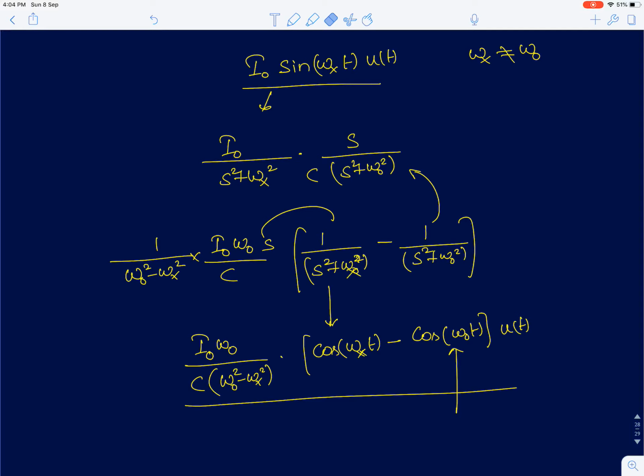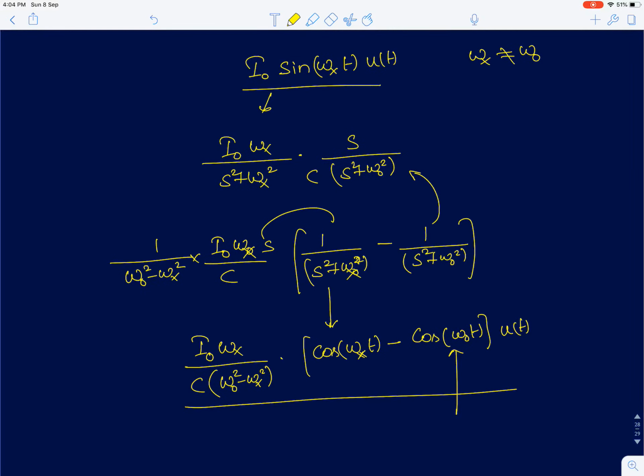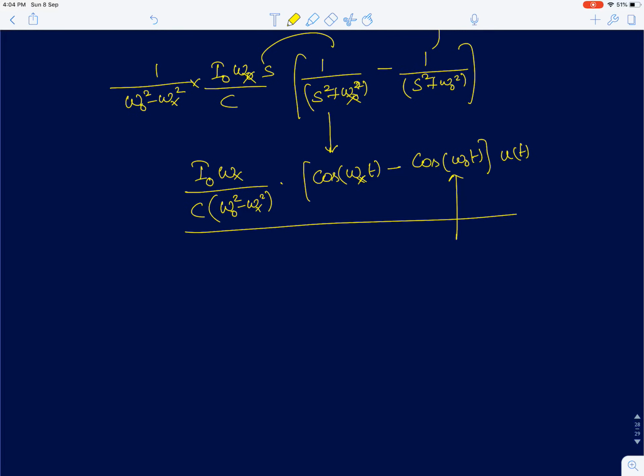This product here is actually omega x. This is omega x and this is omega x. It's not omega naught, it's omega x. Now this result is nothing but a sum of two sinusoids: the input frequency omega x, and also the resonant frequency, which is omega naught.